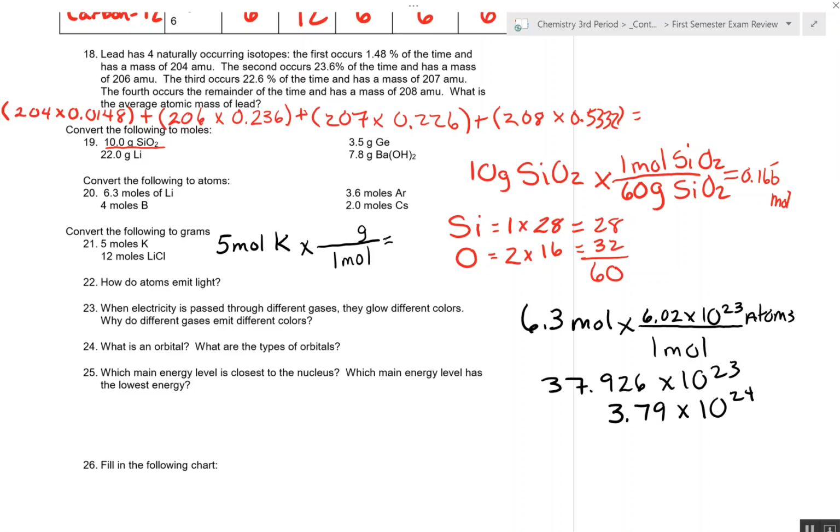Potassium, 39. And 5 times 39 is about 195. Is that right? Probably. You're going to take my word for it. 195 grams.